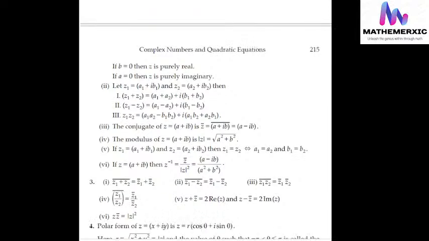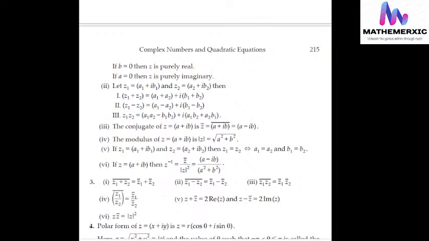Conjugate of z, that is a plus ib: z bar is equal to a minus ib.